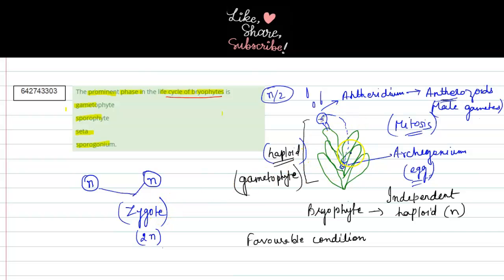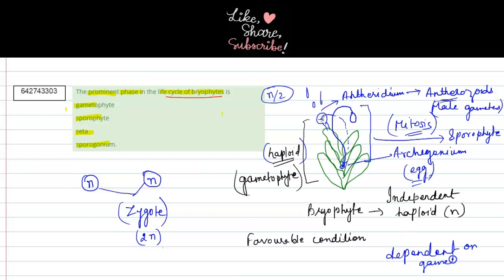So the fusion of gametes has taken place, and from here the new structure starts to develop, which is known as the sporophyte. Now this sporophyte is a short-lived structure, and it is dependent on the gametophyte.